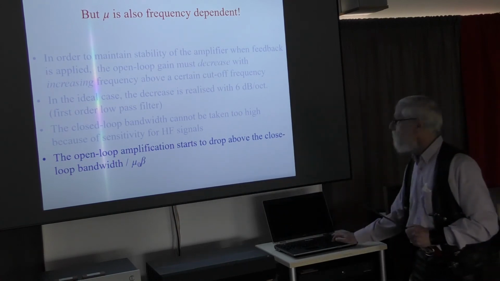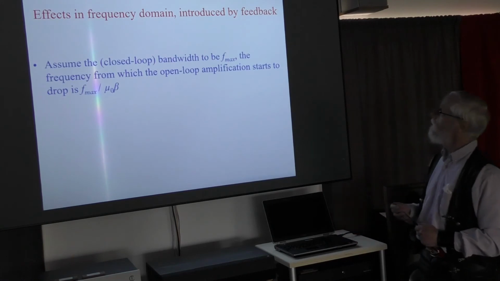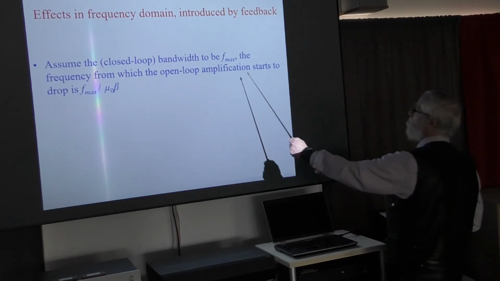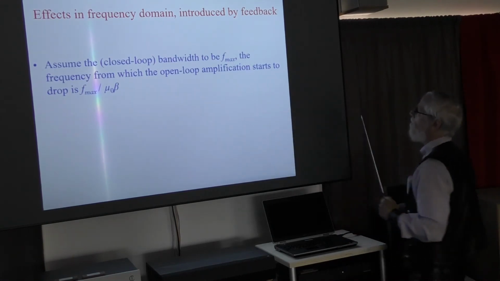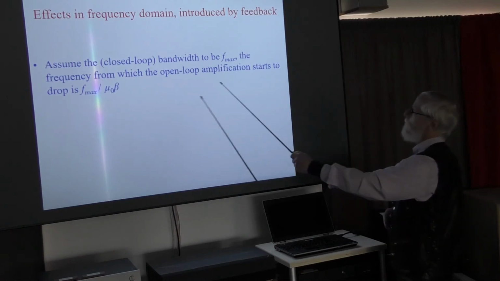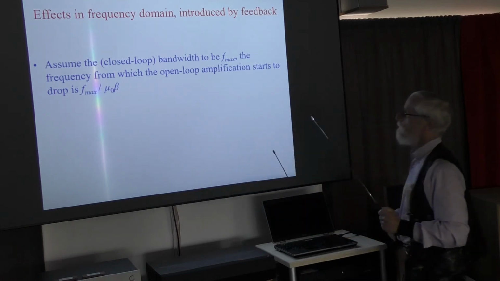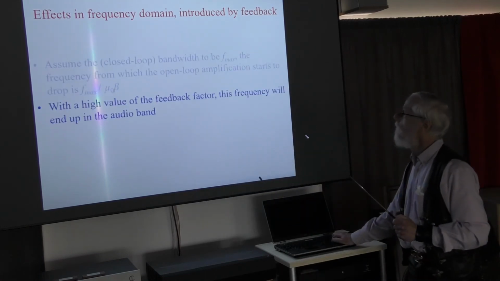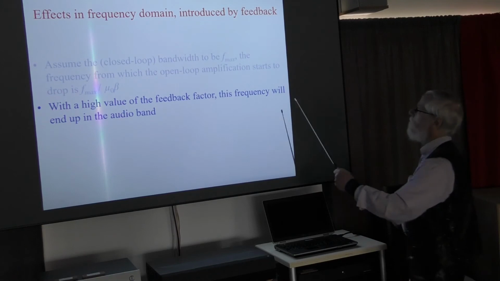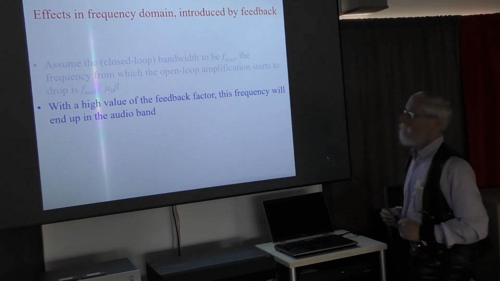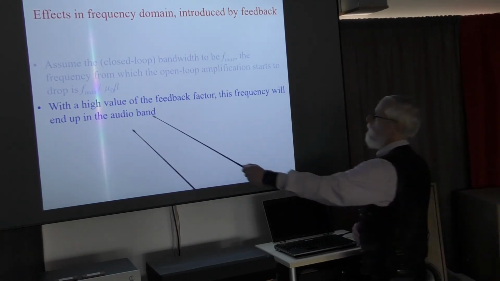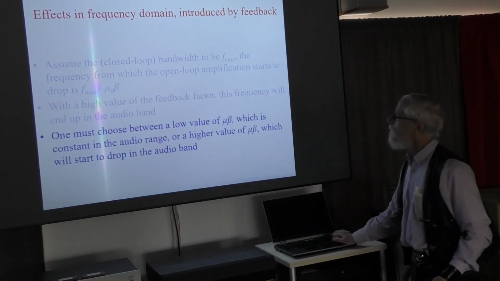So, in a simple equation, let's assume that the closed loop bandwidth is F max, and the frequency from which the open loop amplification starts to drop is F max divided by mu0 beta. With a high value of it, this frequency will end up in the audio band.